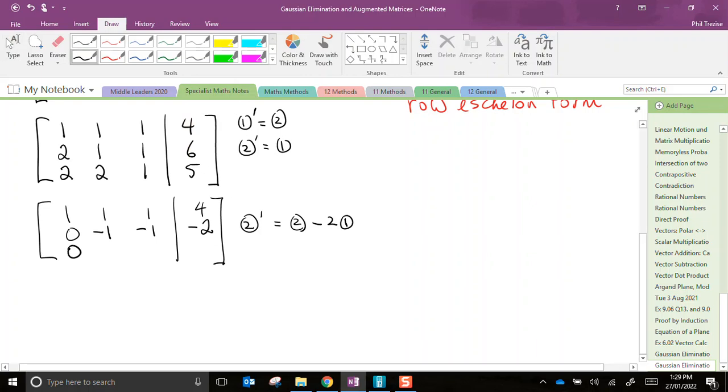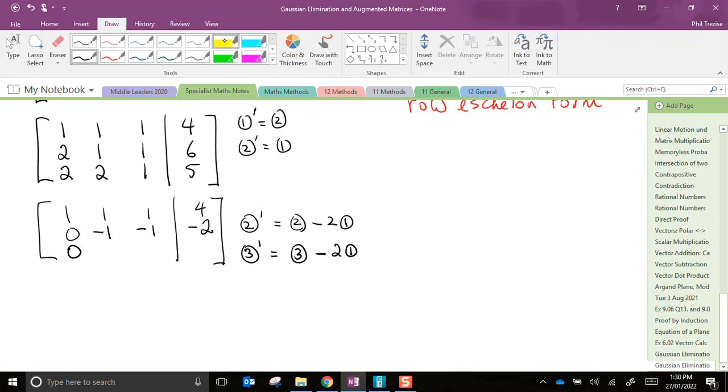Now I want to produce a 0 at the beginning of row number 3. So I have to go back and look at what we're doing there. Again, I could go old row number 3, subtract 2 of row number 1. So let's write down that. New version of row 3 will be the old row 3, subtract 2 of row number 1.